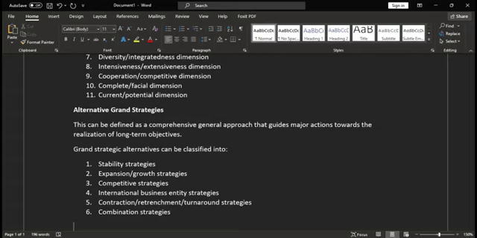Global business objectives may include profitability, growth, survival, competitive position, development, and or public responsibility.